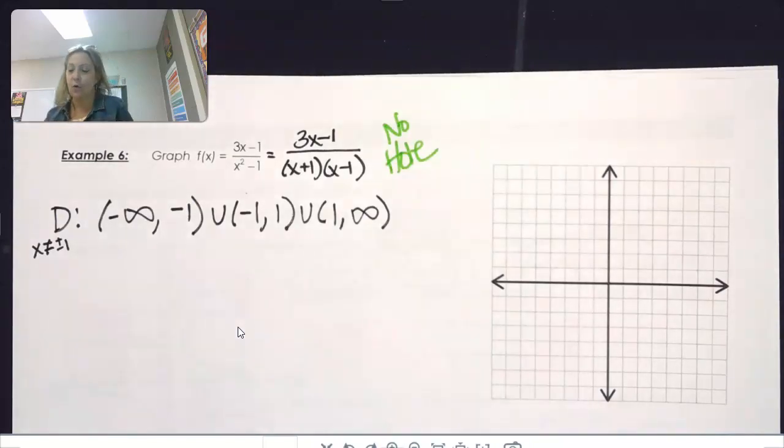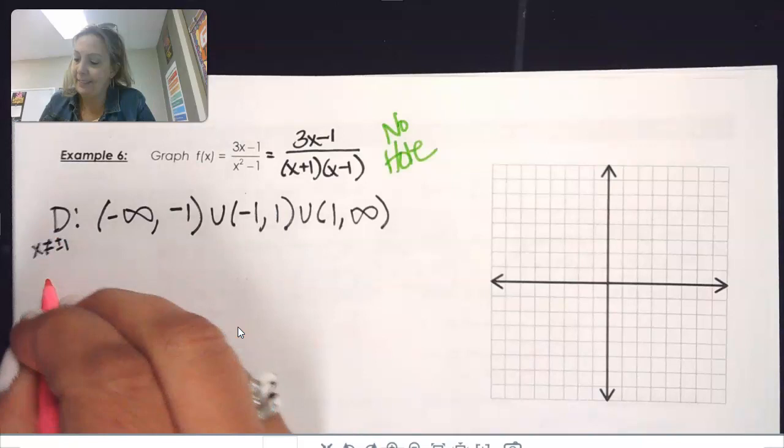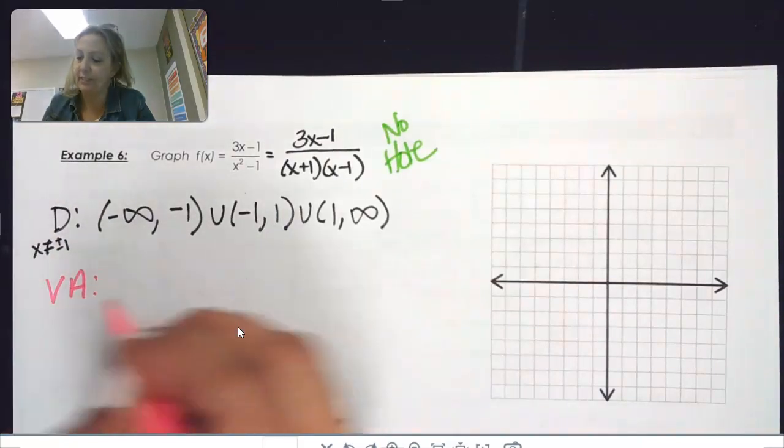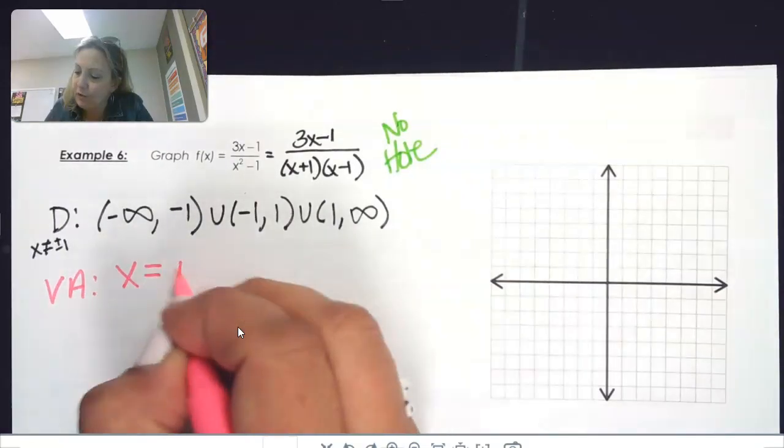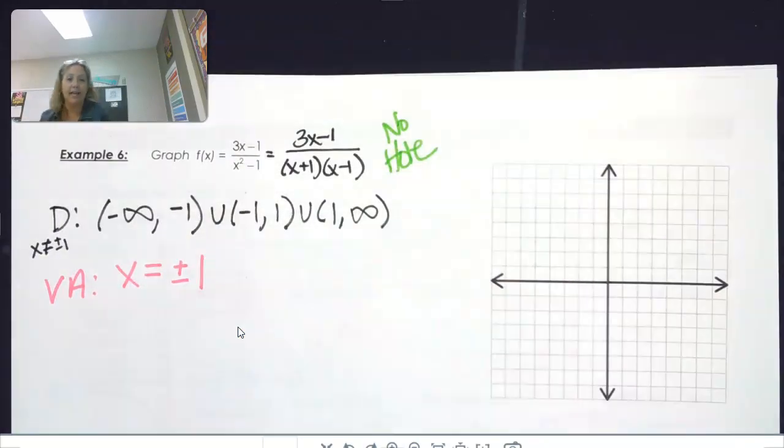Because there was no hole, both of those restrictions indicate vertical asymptotes. So I'm going to have 2 vertical asymptotes, one at x equals 1 and one at x equals negative 1.